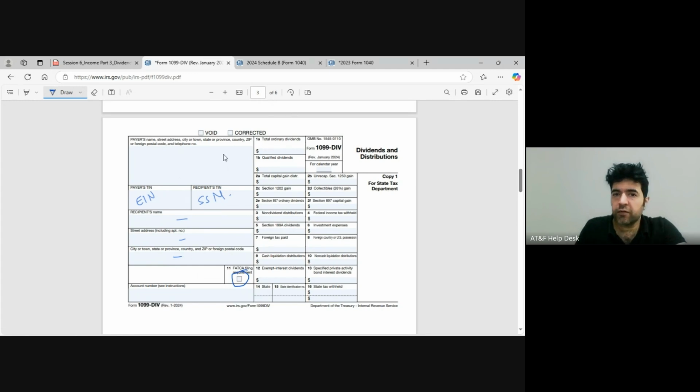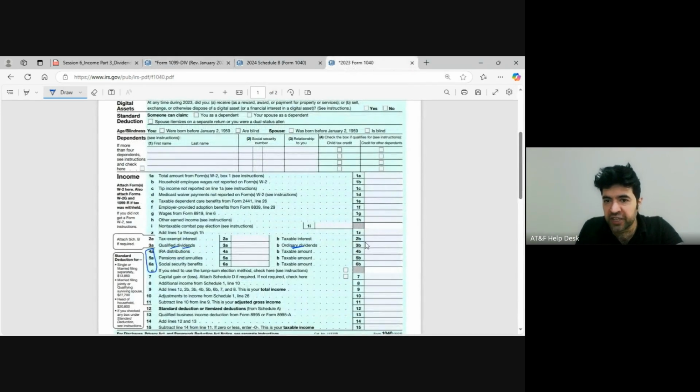Box number 1A is for total ordinary dividends, which includes qualified dividends. This box number 1A directly goes to line 3B.